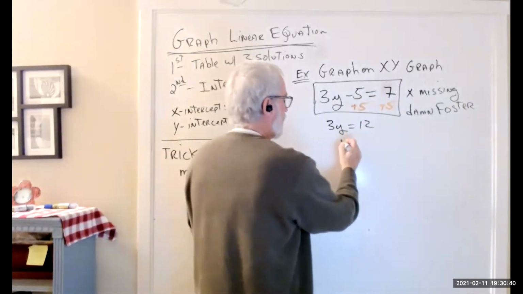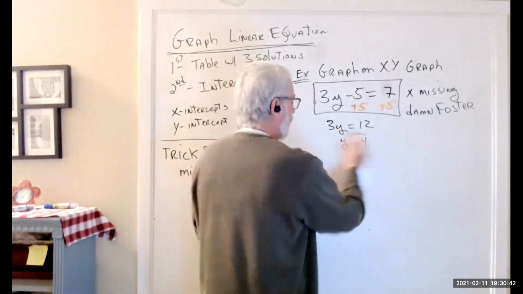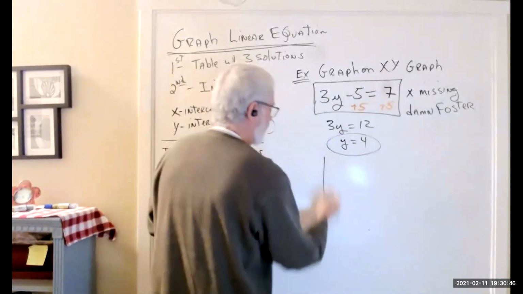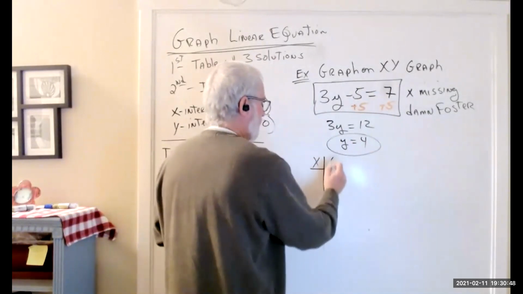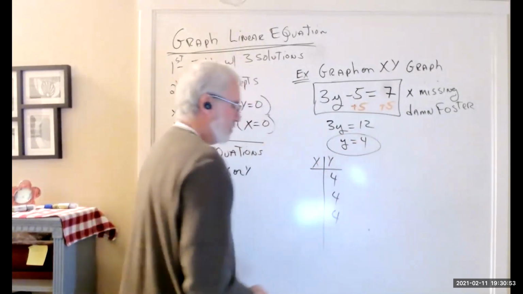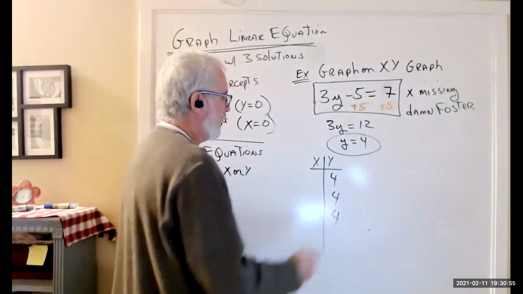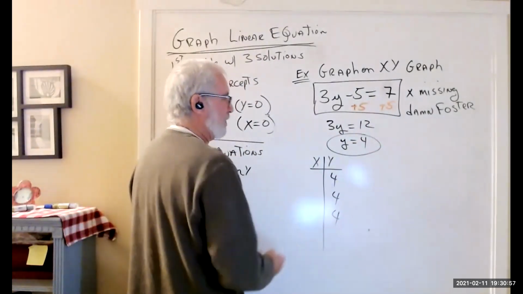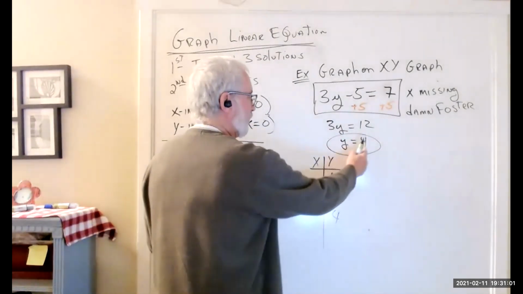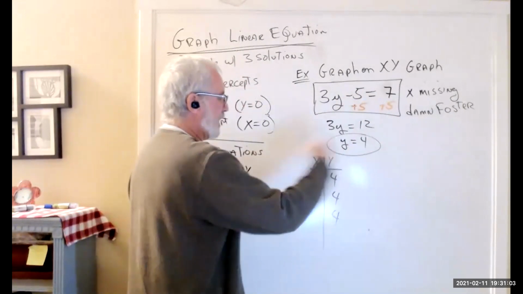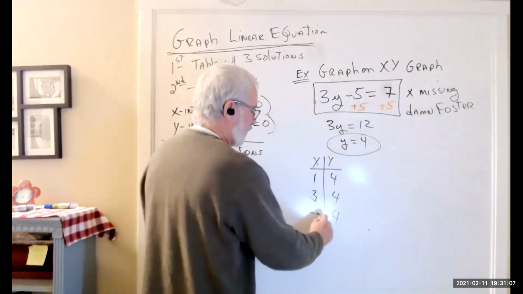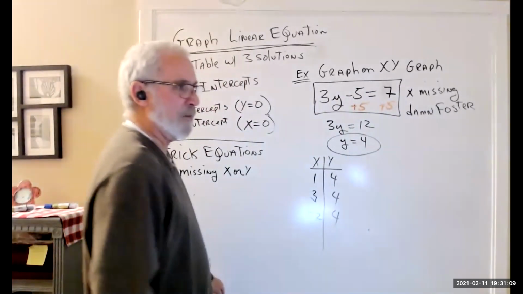Divide by 3 and get y is 4. X is missing. Build my XY table. Y is locked in at 4. And X can be anything in this problem. Remember, it's important that Y is locked in at 4, but X is missing, so X doesn't matter. It could be 1, 3, -2. I don't care what you pick. It doesn't matter.